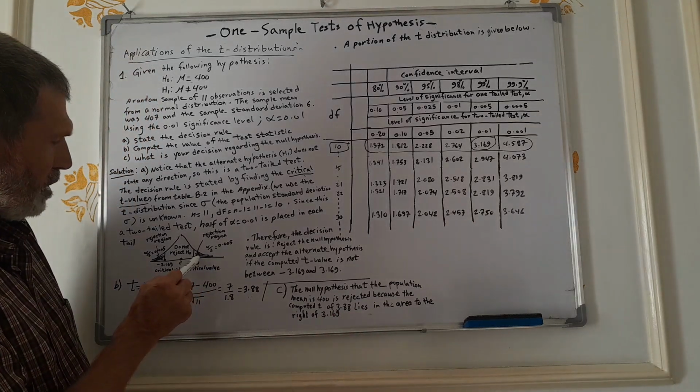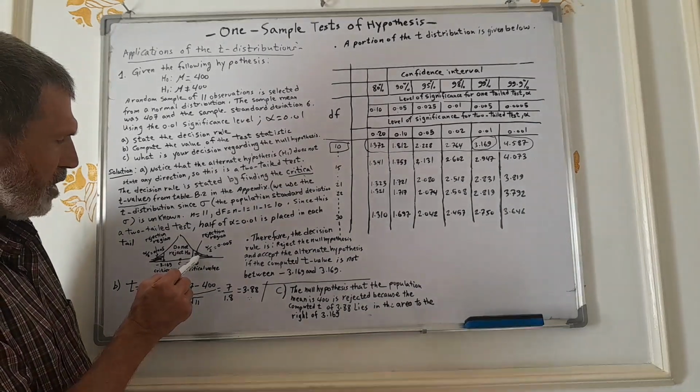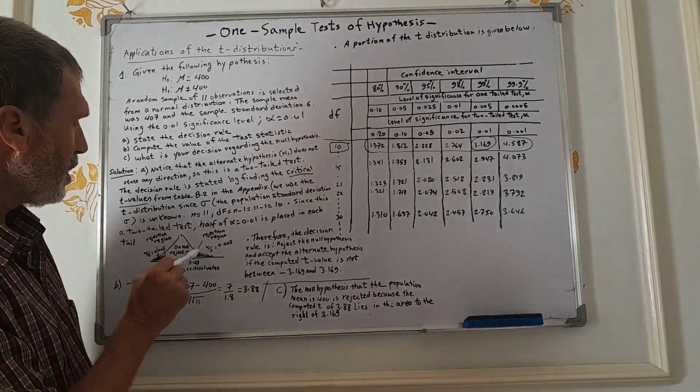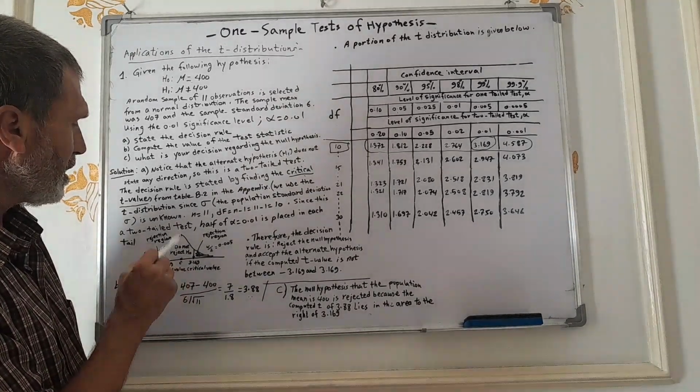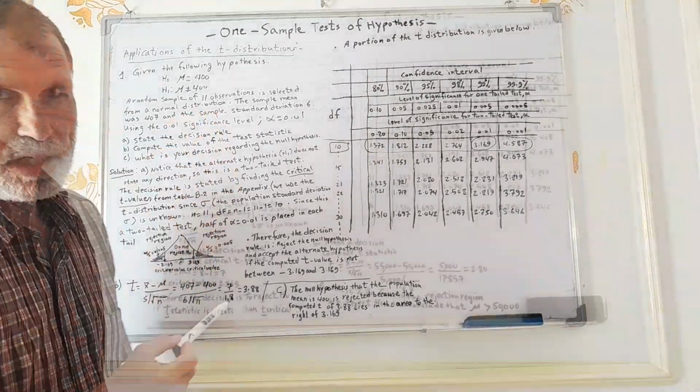It's located here, inside this area, to the right of 3.169. So it is in the rejection area. Therefore, we reject the null hypothesis, of course, that the mean is equal to 400.